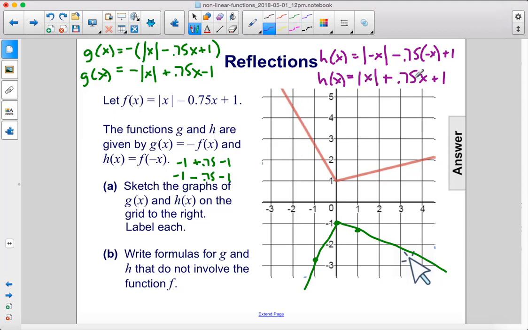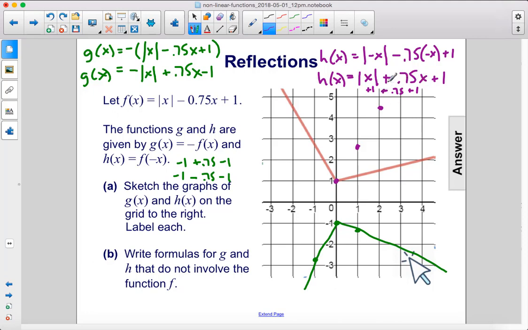All right, now let's do h of x. So if we put in 0 for x, we get 1 right here. If we put in 1 for x, we get 1 plus 0.75 plus 1, so that's 2.75. So that's here. If we put in 2, we would get 2 plus 1.5 plus 1, so that would be 4.5. Okay, 4.5 is up here. If we put in negative 1, that would become positive 1, and then negative 0.75 plus 1.